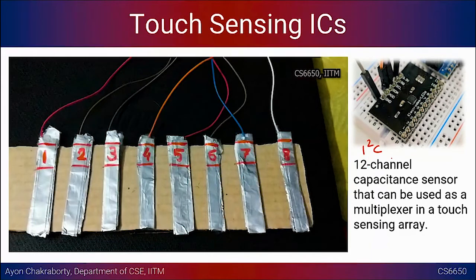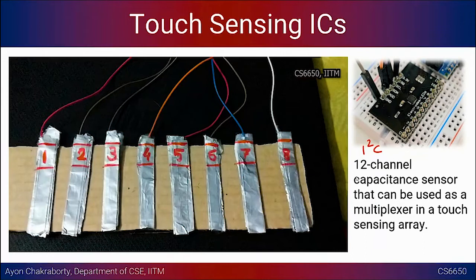Channel means each sensing pin will be a channel. In this particular example, we are having a 12 channel capacitance sensor. These are not very expensive. It will cost you like 100 rupees or 200 rupees at max. And they can be interfaced very easily to a microcontroller or an Arduino using an I2C bus.